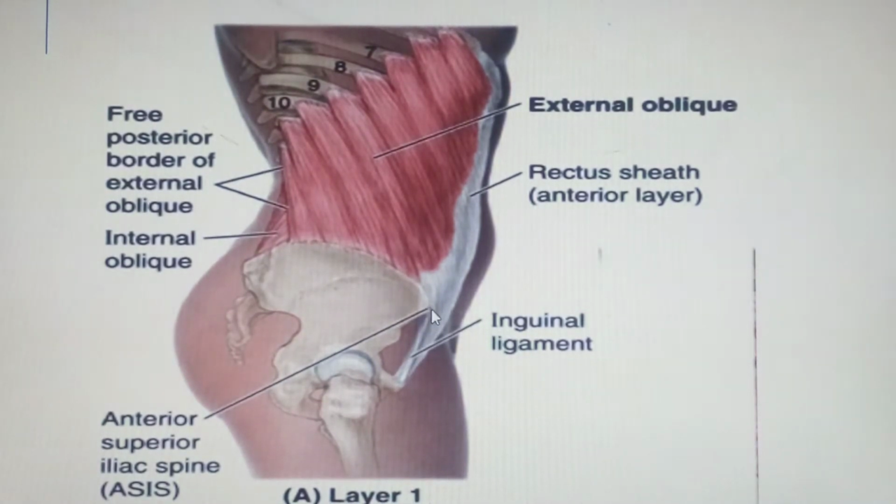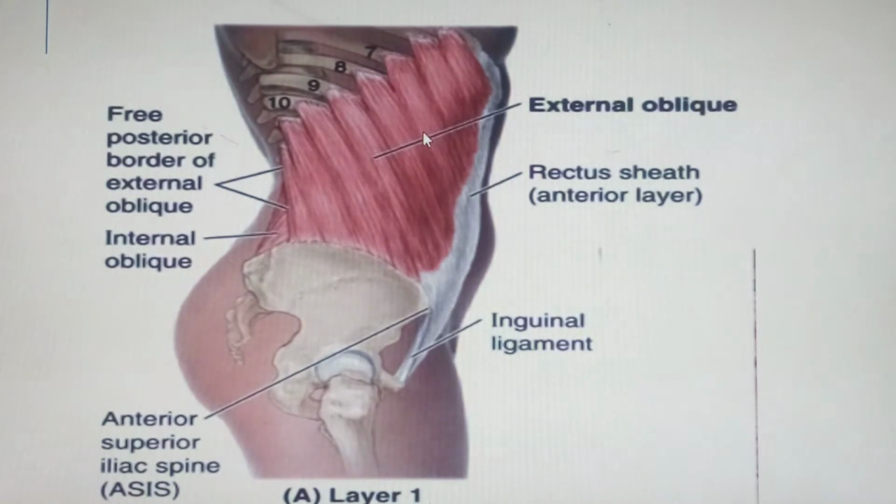So it's also going to have some attachment to the pubic tubercle, as well as the iliac crest, which we've seen. So that is what we are going to see regarding the insertion of the external oblique muscle.